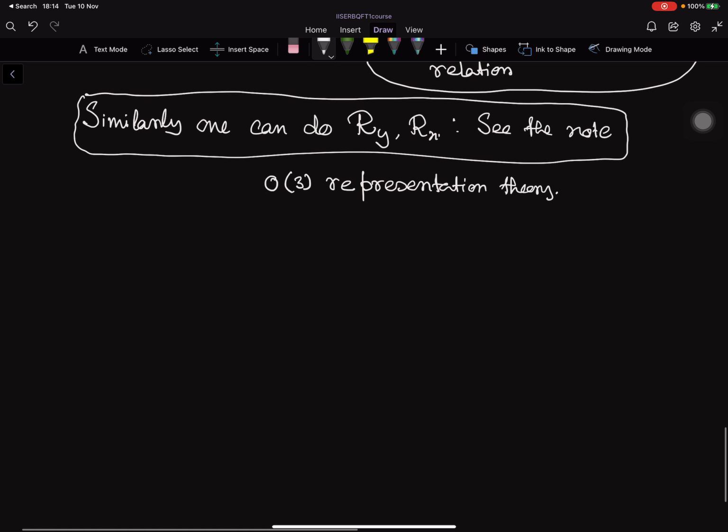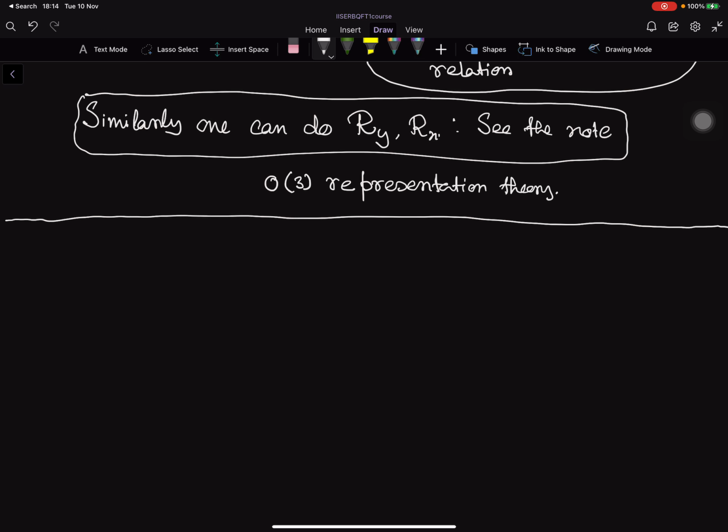Now in quantum mechanics and quantum theory, we have another important symmetry, which is time reversal symmetry. And we want to understand the action of time reversal symmetry on angular momentum, on the O(3) representation.